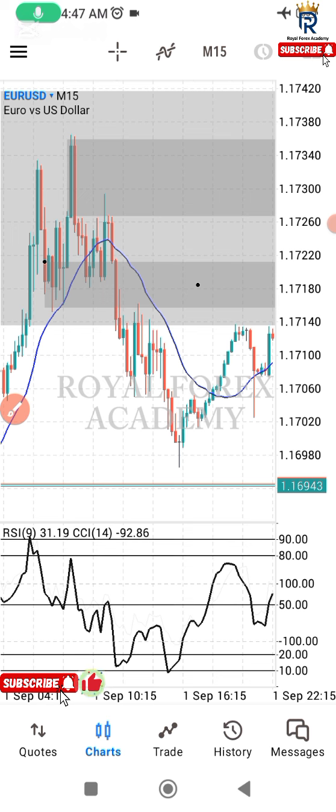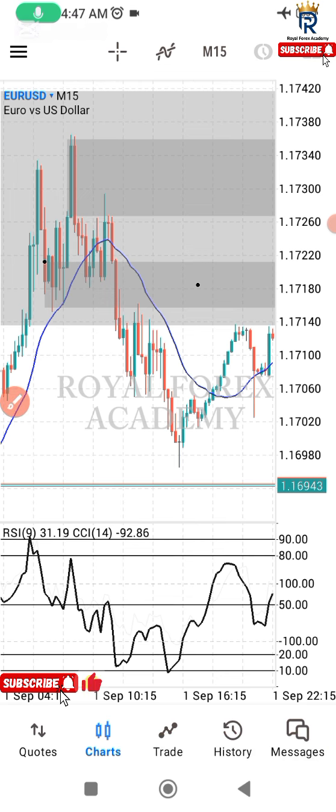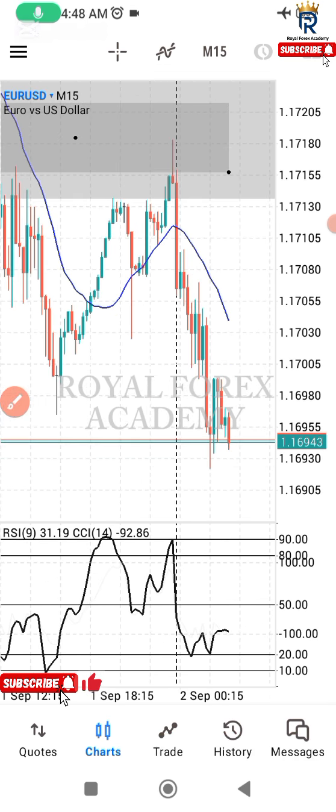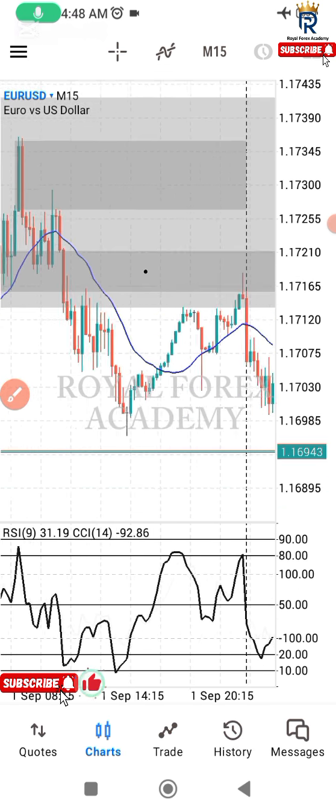In this breakers block again, look at this, we have an imbalance here. On this 15 minutes, this is a fair value gap inside here. And look at what happened. After price broke through, you can see what price does.